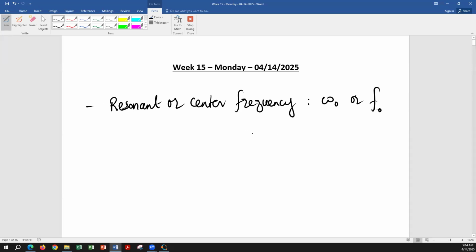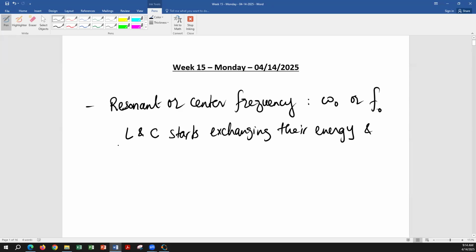What happens at the resonant or center frequency is L and C start exchanging their energy, and XL becomes equal to XC.